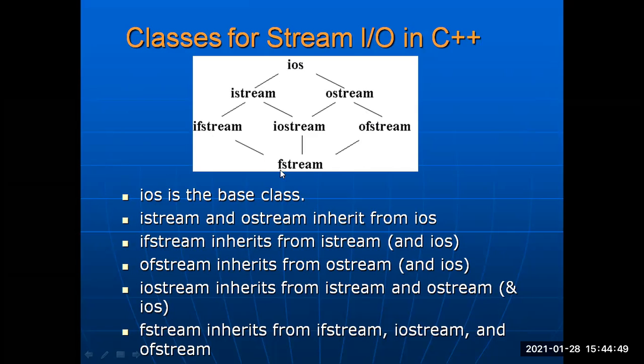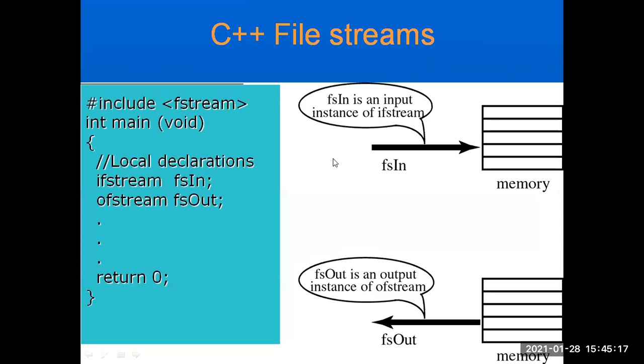And fstream provides all input output operations on the file here. ios is the base class here, right? fstream inherits from istream, iostream, ofstream, and ifstream. So some of the functionalities available in iostream, we can also use in fstream here.